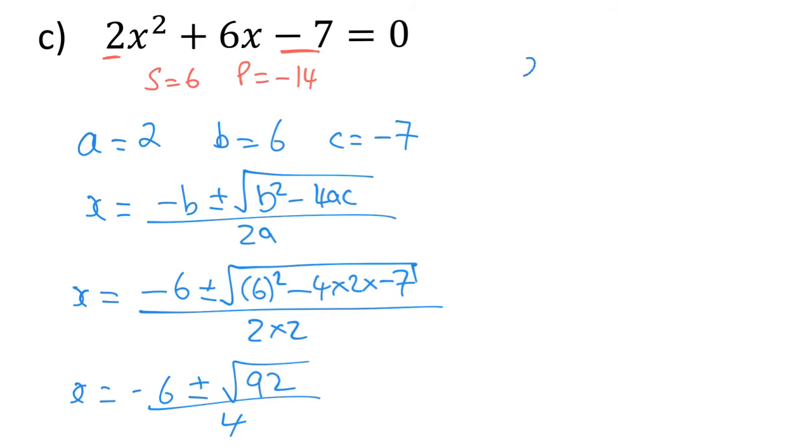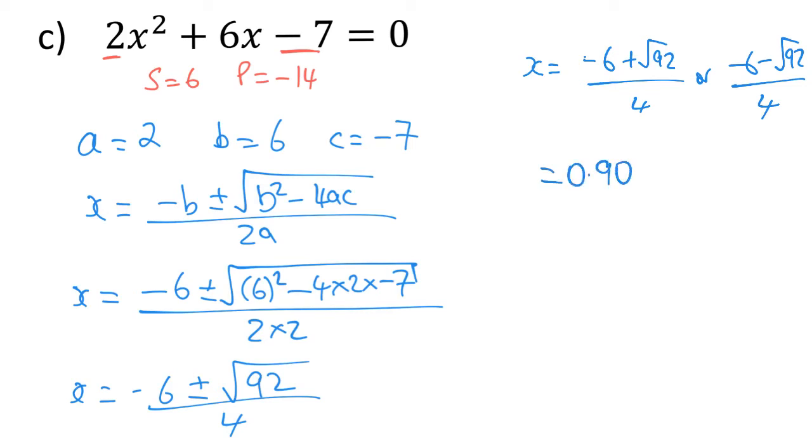We then have x will equal minus 6 plus the square root of 92 over 4, or minus 6 minus the square root of 92 over 4. So that's going to equal 0.90 or minus 3.90 to 2 decimal places.